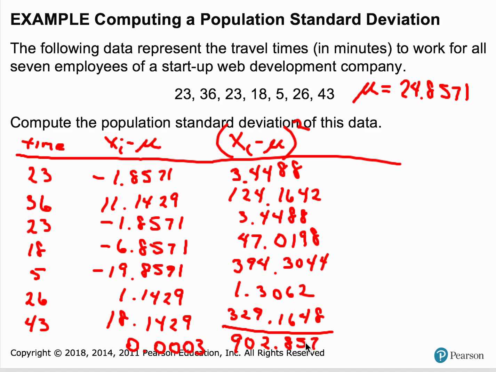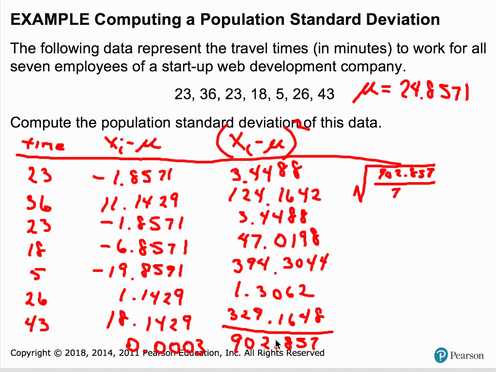Okay, so now what that means is I'm going to divide this by n to take the average, but since I squared these numbers, then to undo that square, I'm going to take the square root. So really, I'm going to do the square root of 902.857 divided by n, which in this case is 7.